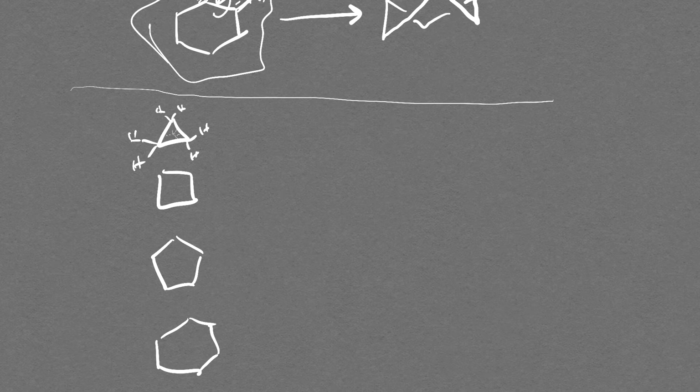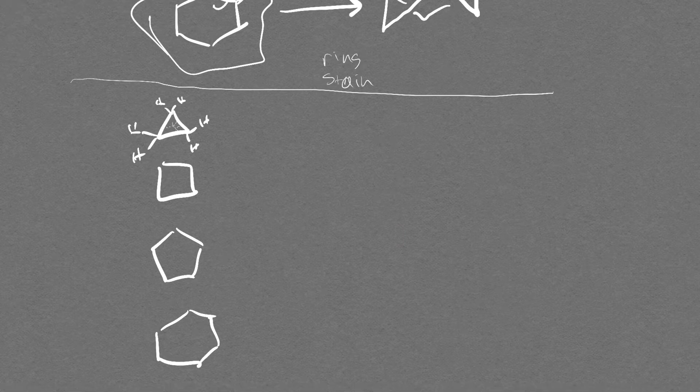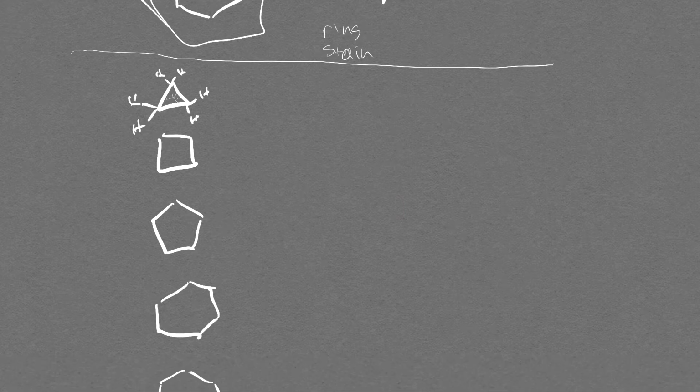So if you want to consider total ring strain, ring strain is essentially how much energy is locked into this because you've moved away from the ideal angle.